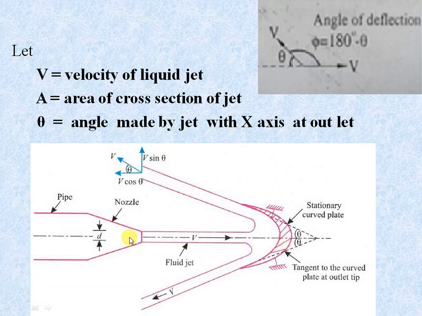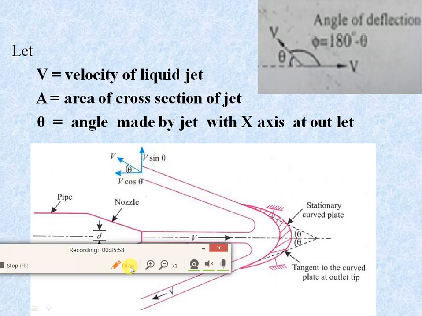After striking, the water glides smoothly over the stationary curved plate and we get a velocity v. The velocity leaving the blade is the same velocity, there is no loss. The velocity along the y direction is v sin theta, and the velocity along the x direction is v cos theta.